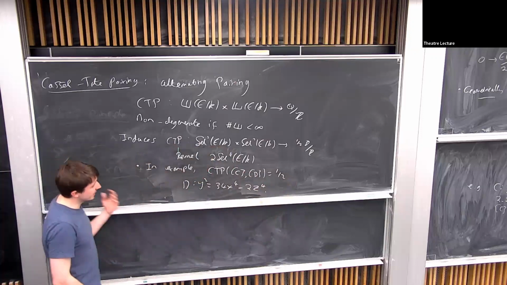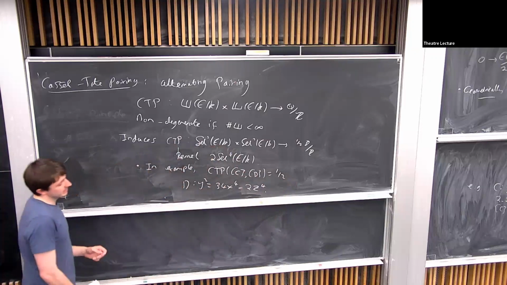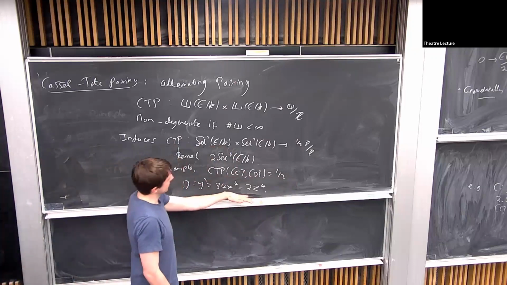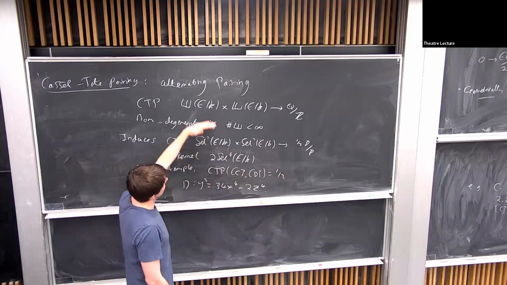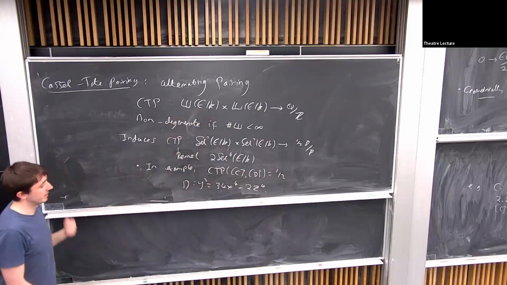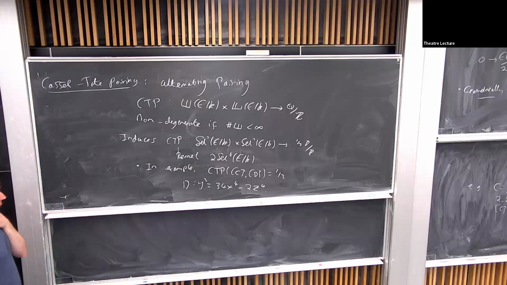But in particular, by exhibiting an element that pairs non-trivially, you're necessarily showing that this has non-trivial image in the Shafarevich–Tate group, and so it cannot have any rational point.